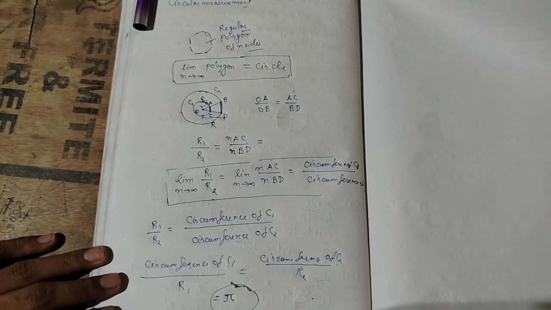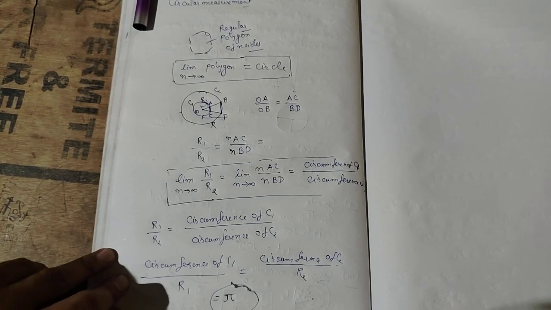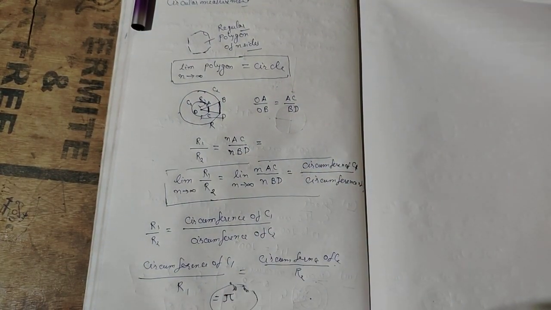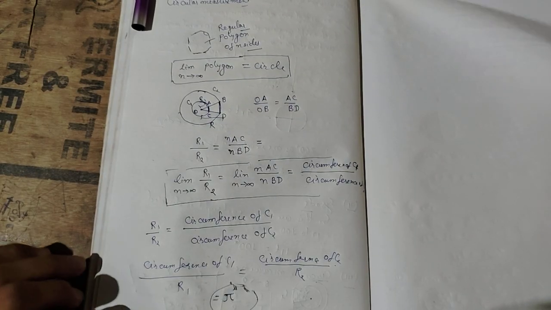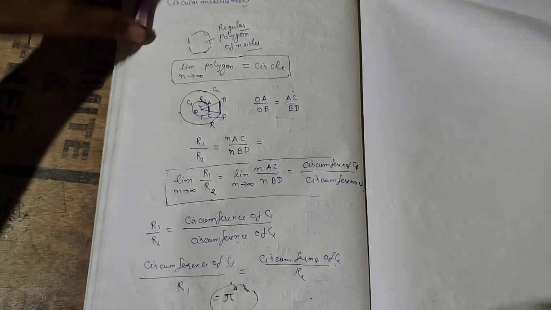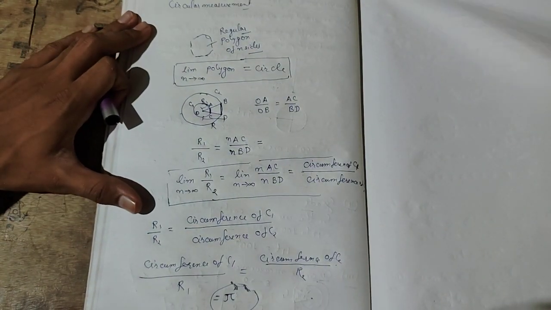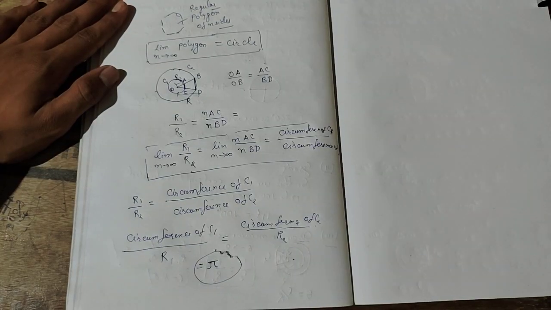The coolest part is that now we use this for measuring angles. So now we have found the ratio between circumference and radius. Okay, sorry, I made a mistake here.